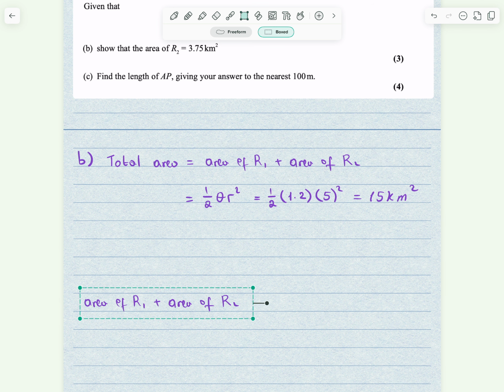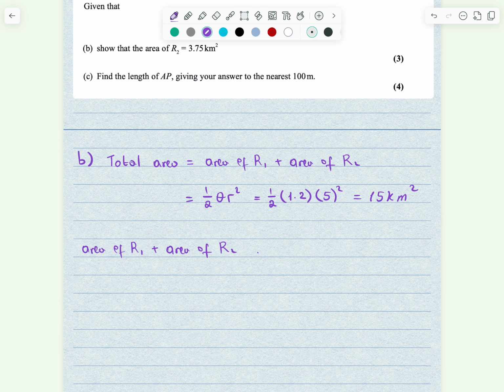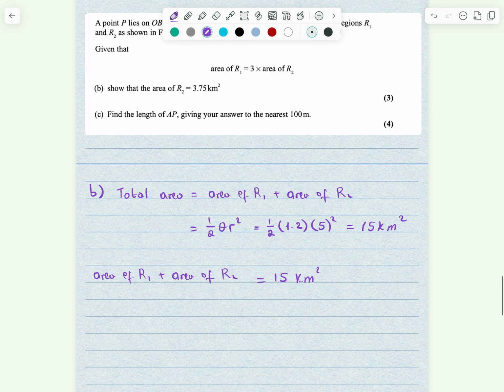So since R1 plus R2 is equal to 15 kilometers squared, and I also know R1 is 3 times R2, instead of the area of R1, I can write 3 multiplied by the area of R2, and obviously I have plus the area of R2, that's equal to 15.